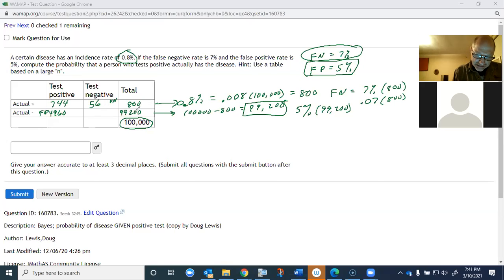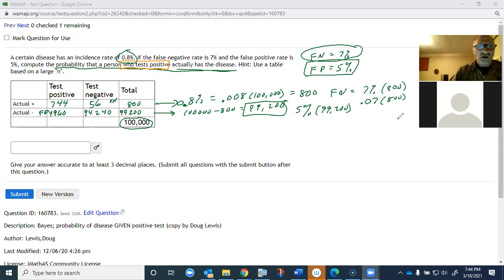We subtract 99,200 minus 4,960. And that is 94,240. Okay, I'm going to stop there for a minute. We'll pause this video and give you a chance to try and complete the problem now that we have most of the table filled out.